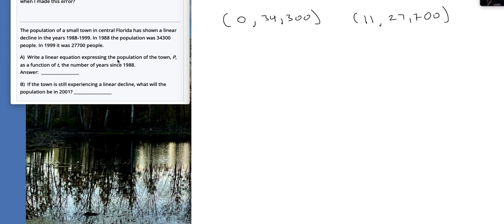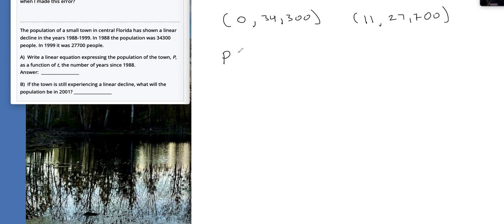Okay, so then write a linear expression for the population of the town. Okay, so here, one thing on this is write P as a function of T. So you know how when we find the slope and then use y equals mx plus b. In this case, they're not using y, they're using the function notation that we saw in chapter 1.